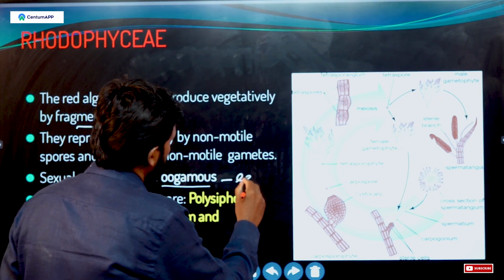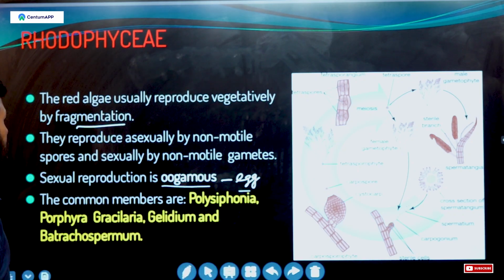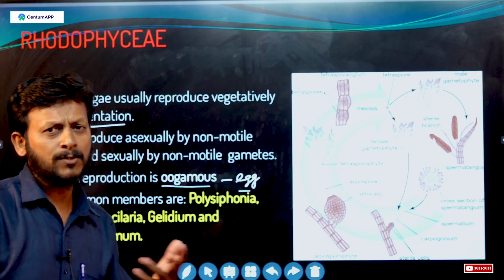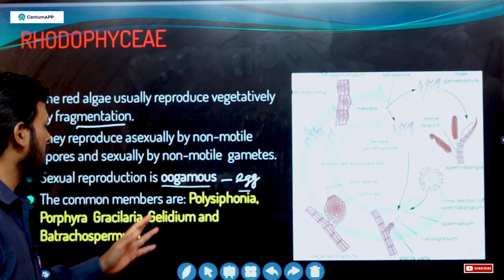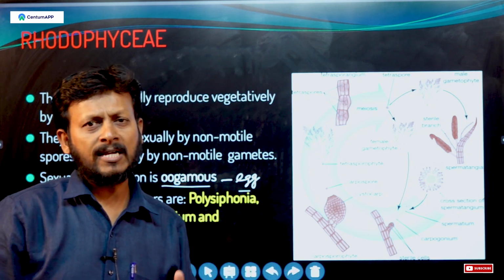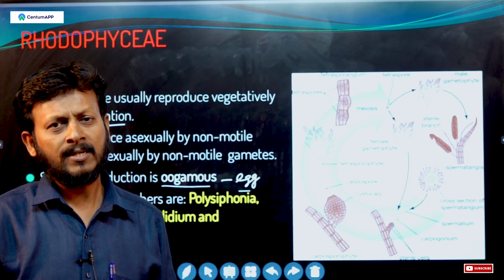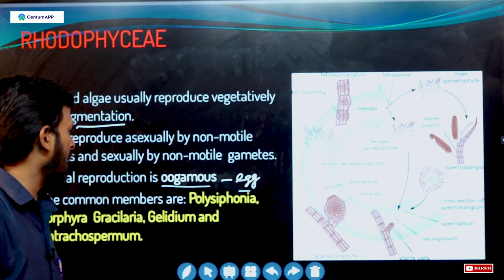Oogamous means egg formation, and non-motile spore formation is asexual reproduction. Compared to Chlorophyceae, which have isogamous, anisogamous and oogamous, in Rhodophyceae only oogamous is found.